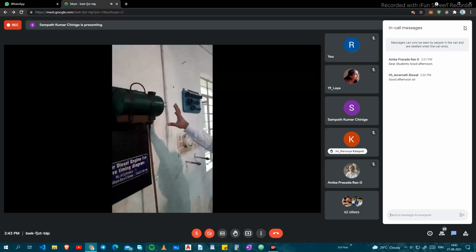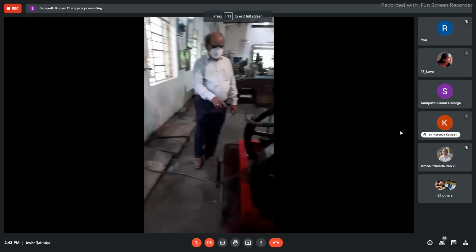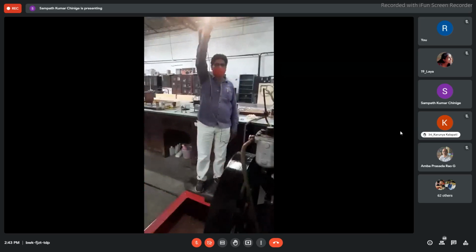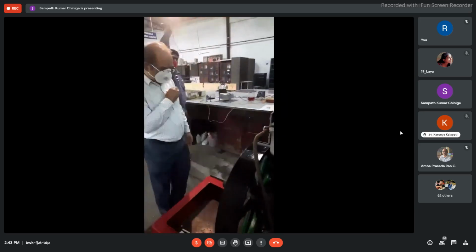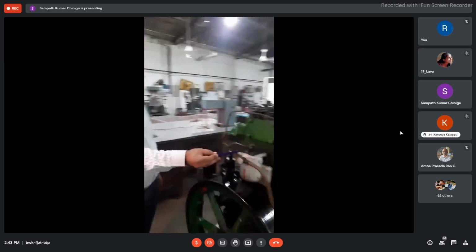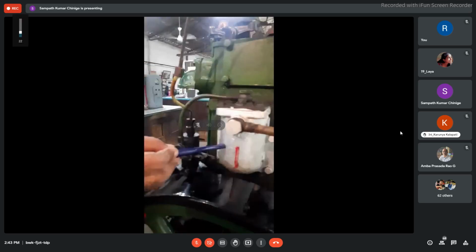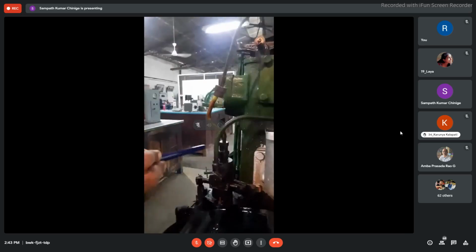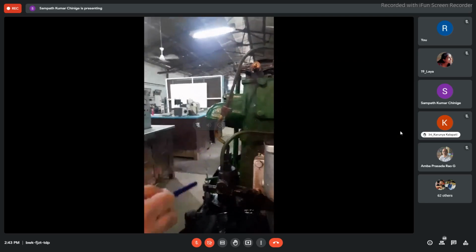It is allowed to enter the engine through the fuel filter, where any dust particles that could not be filtered at the fuel pump station are cleared. The filtered fuel is supplied to the fuel injection pump. This is the heart of the diesel engine. Mostly in all diesel engines you find the fuel injection pump.